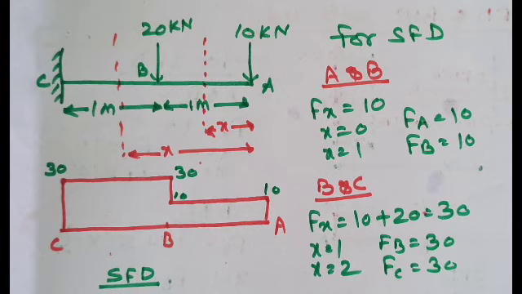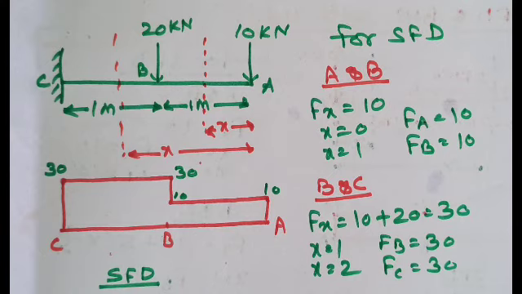Now positive values will be drawn in the upward direction and negative values will be drawn in the downward direction. So at point A we have force 10 and at point B also we have force 10, so we have drawn this straight line with no slope.